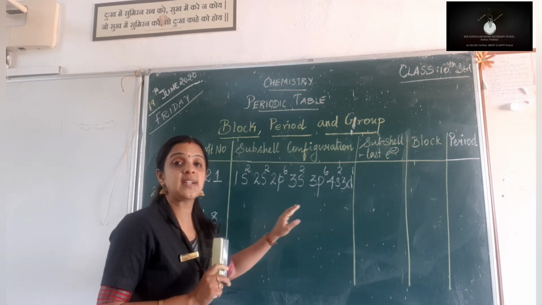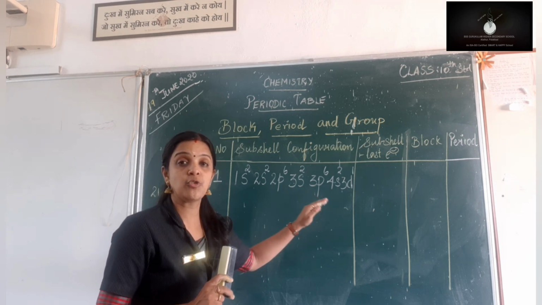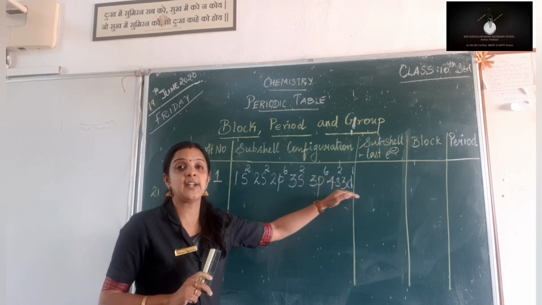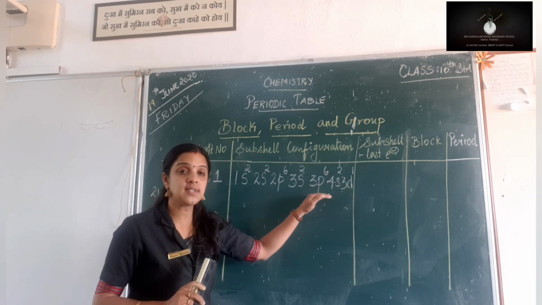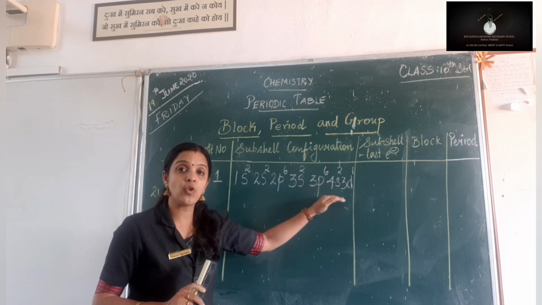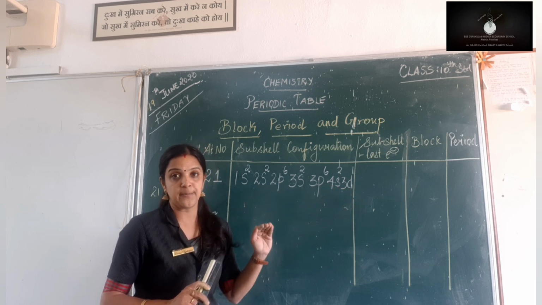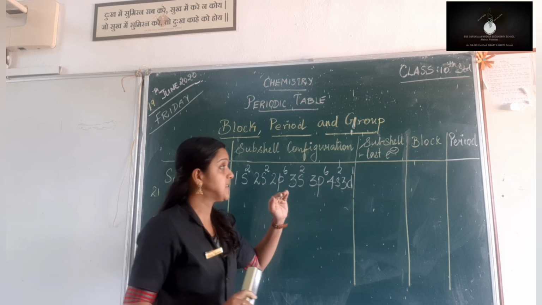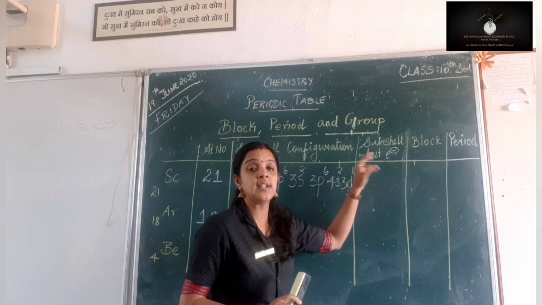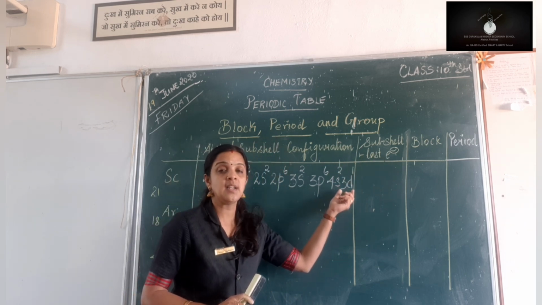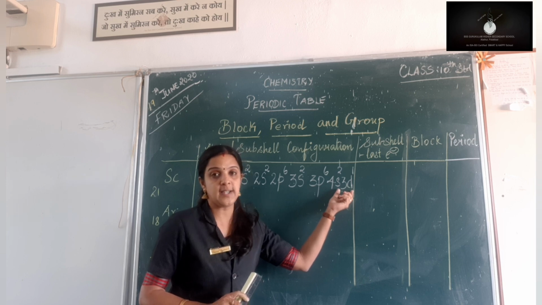So whenever we are writing a d block element, we should remember 4s energy level is less than that of 3d. So after 3p, we will be writing 4s subshell, then we will get into our 3d subshell. Now we'll see the last electron to which subshell it is getting into. Here you can see it gets into my 3d subshell.